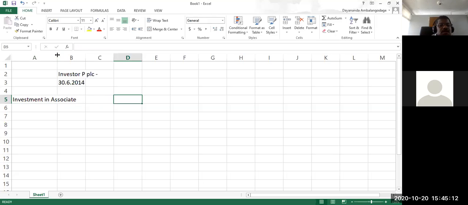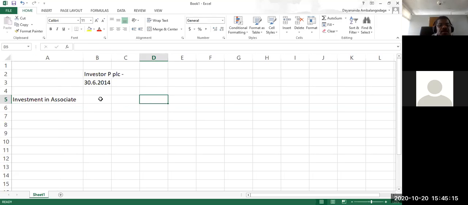Can you remember the word? Here what you have to do is put two things. One is the initial investment.